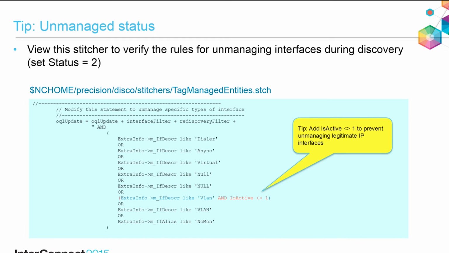So if you add to that rule another check for the isActive attribute not equal to 1, then it'll make sure that active IP addressed VLAN interfaces do actually get polled. So next slide, please.